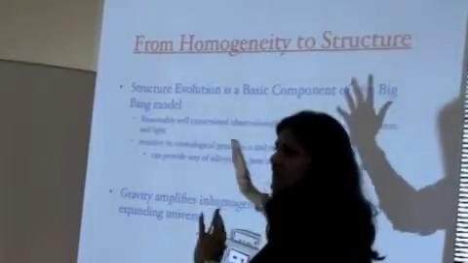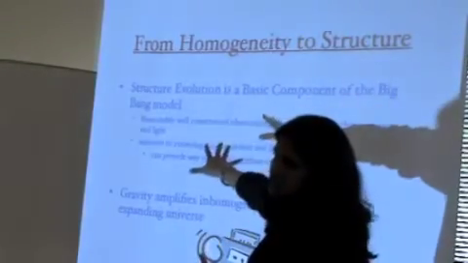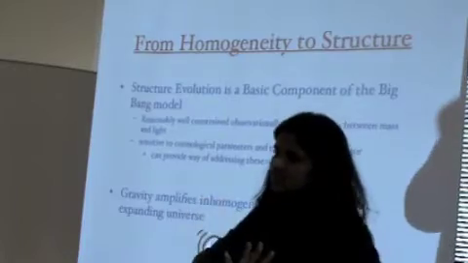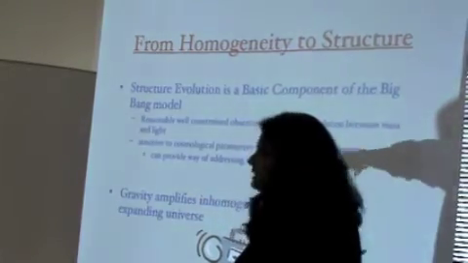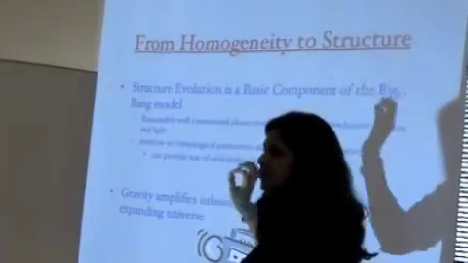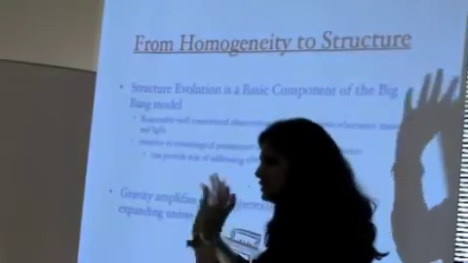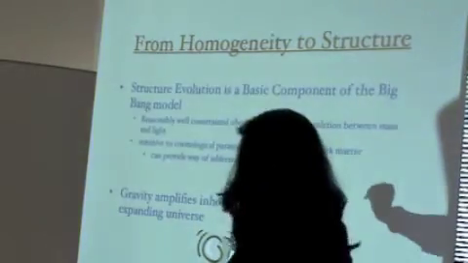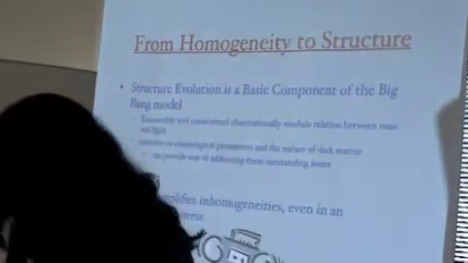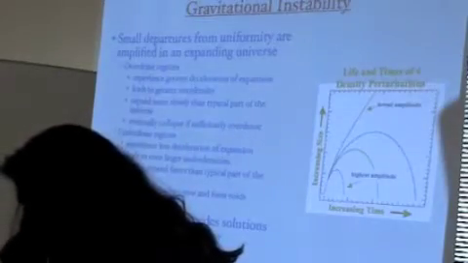Now I'm switching to matter. When I say matter, we're talking about simulations. When I say galaxies, we're talking about the observations. The nature of dark matter has very important consequential statistical differences in what you'll see in a simulation. Gravity amplifies these inhomogeneities in the density field, even in an expanding universe.